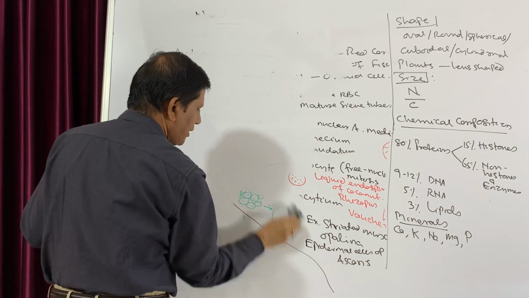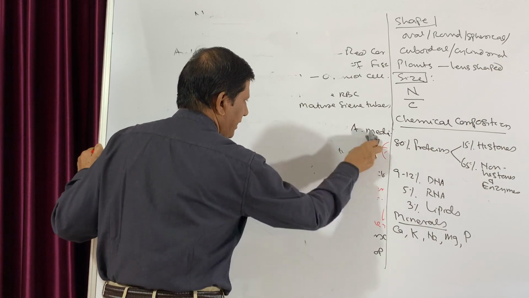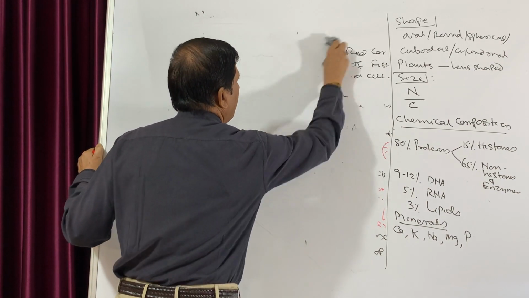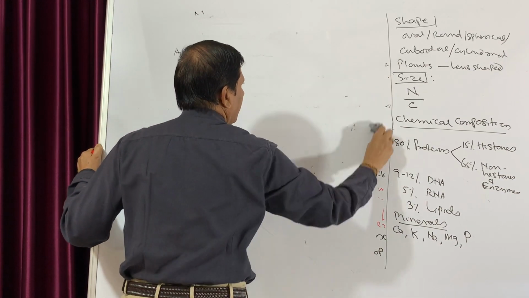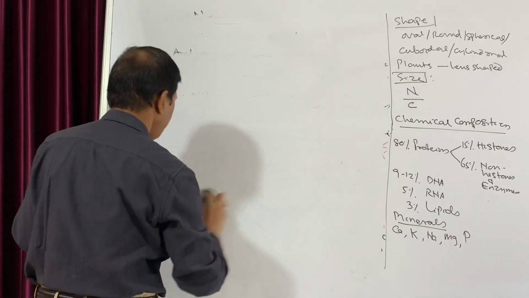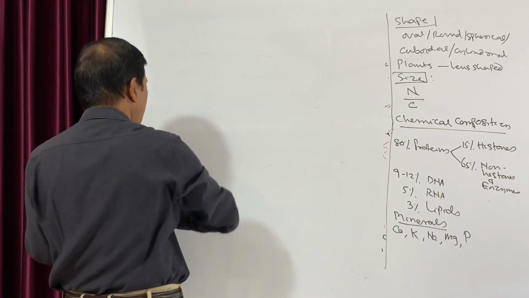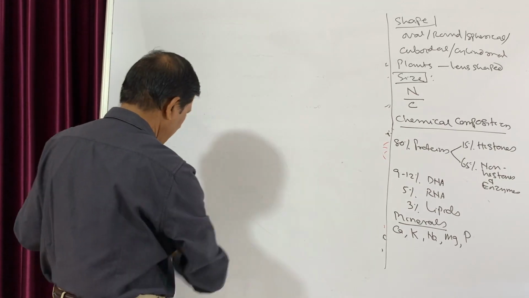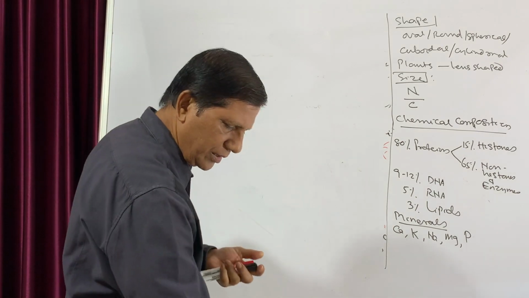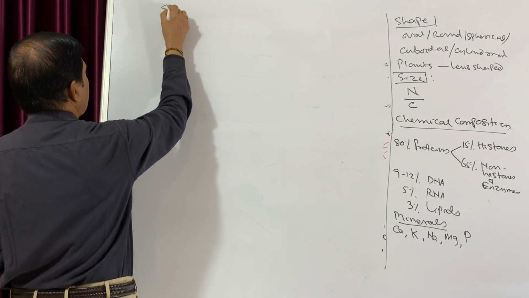Now the nucleus consists of mainly 4 parts. One is the nuclear envelope or karyotheca. The second is nucleoplasm, or nuclear sap, which we can call karyolymph. The third one is chromatin, and the fourth one is nucleolus.